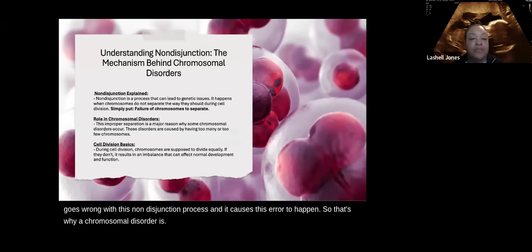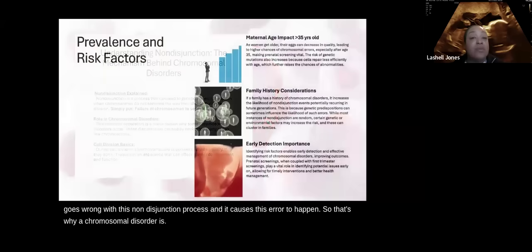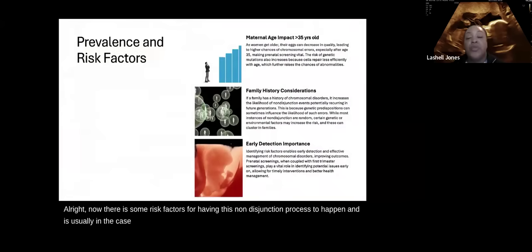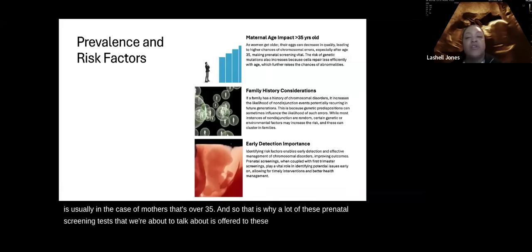Okay. Now, there are some risk factors for this nondisjunction process to happen, and it's usually in the case of mothers that are over 35. That is why a lot of these prenatal screening tests that we're about to talk about are offered to these moms, because there's a higher chance of a chromosomal issue happening.